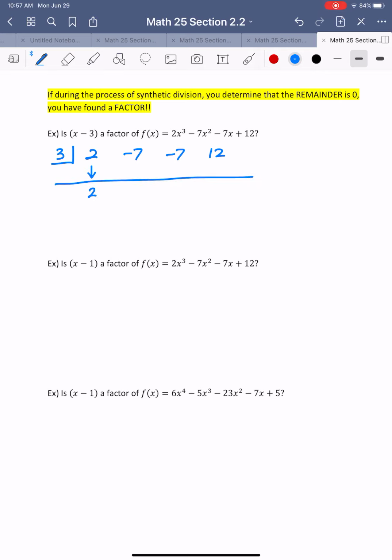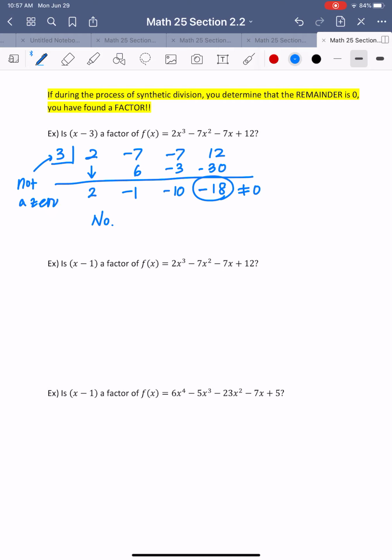Drop 2, times 3 is 6. Combine -1, -1 times 3 is -3, -10, and then -30, which is -18, right? Which is not equal to 0. So nope, which means 3 is not a zero.